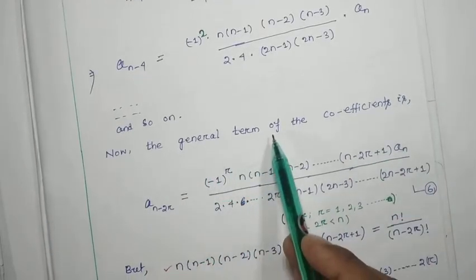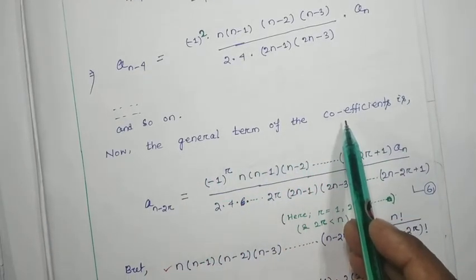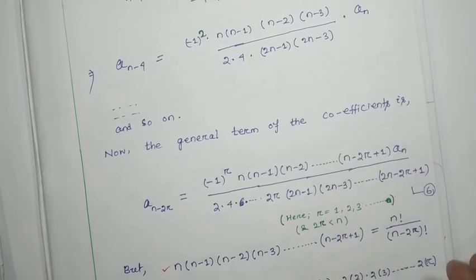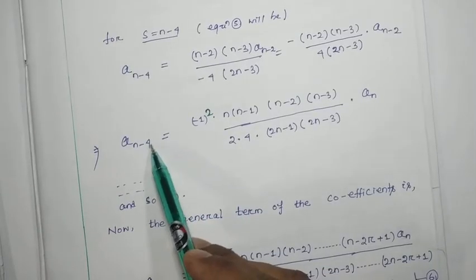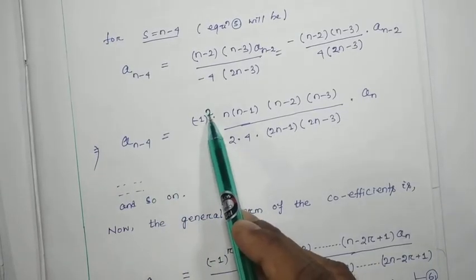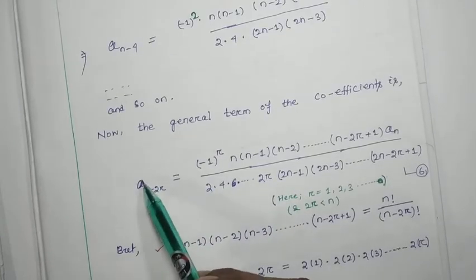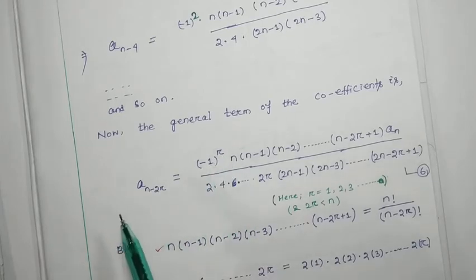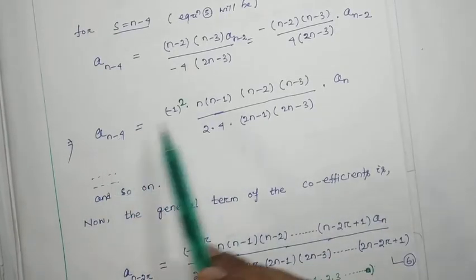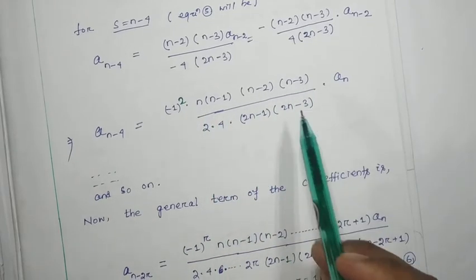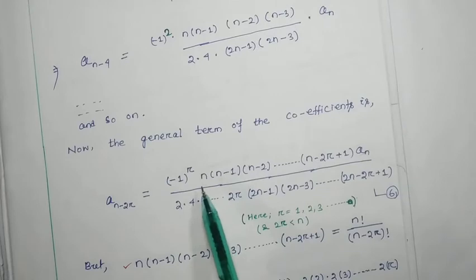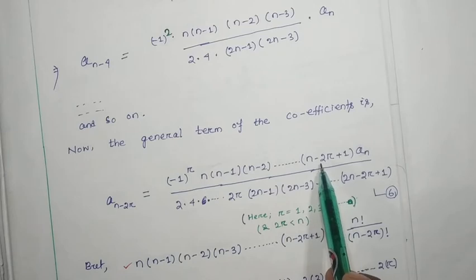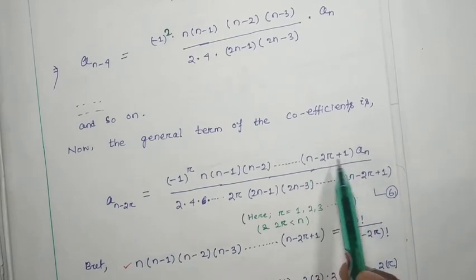Now, general term of the coefficients. General term of the coefficients is how much? You can see here for n minus 4, we got minus 1 to the power 2, right? So a n minus 2r, 2r means it will be minus 1 to the power r, right? Here n minus 4, it has gone up to n minus 3, so it will be n into n minus 1 into n minus 2. It has to go up to n minus 2r plus 1.